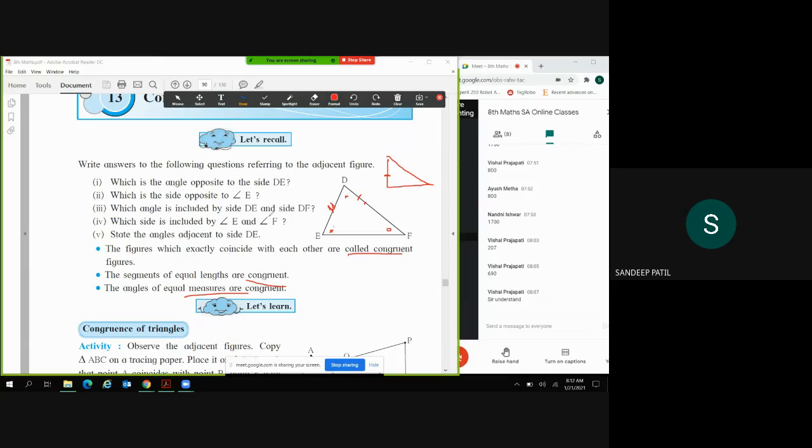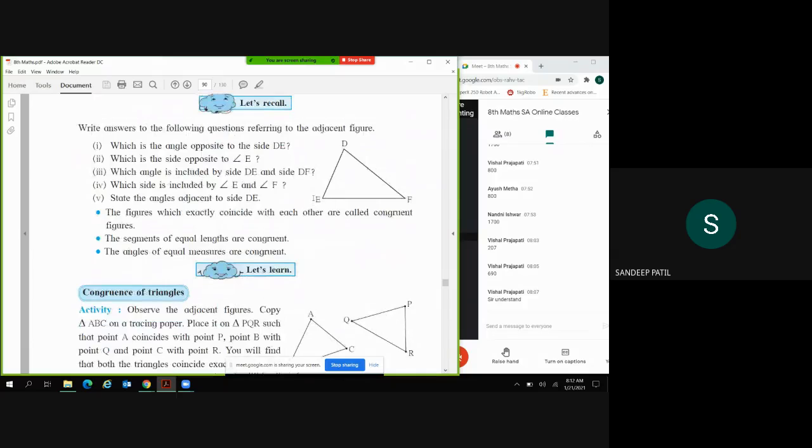I do not remember the exact word now, but yeah, around that. If there is any other word in Marathi or Hindi, you can type in the chat box. So congruent.